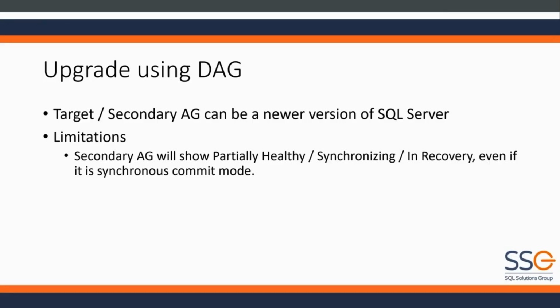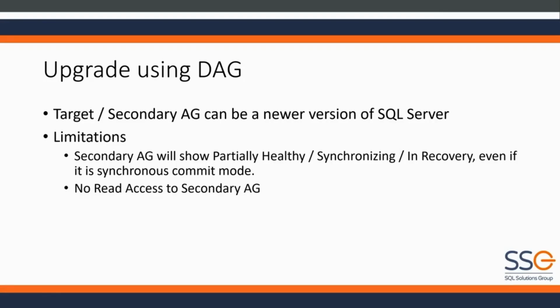Okay. And so that's just something that for some people is a little bit disconcerting, that it says it's not synchronized. And what we're going to see in the demo is that we actually look at the log sequence numbers that have been hardened in the source and the target to ensure that all of our data is up to date, is the way that we do this.